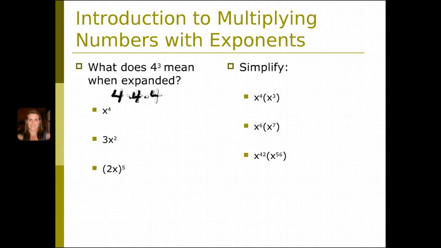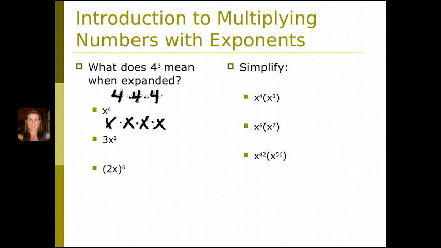So let's expand these other problems as well. X to the 4th, where x is the base and it's being taken to the 4th power, simply means x times x times x times x. 3x to the 2nd power here, you need to be careful with. The base of x is the only base that has the 2nd power. So 3 has a power of 1 on it.